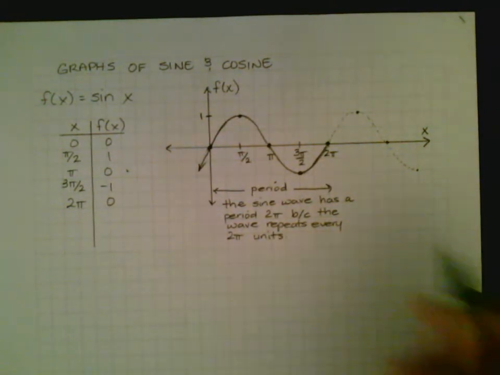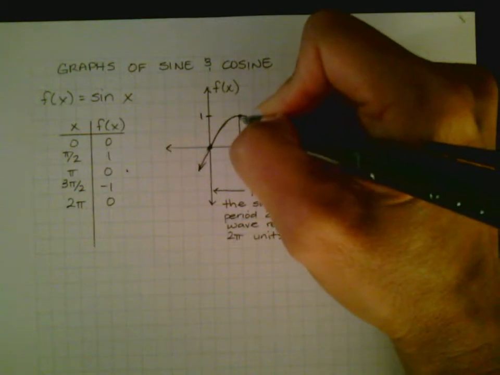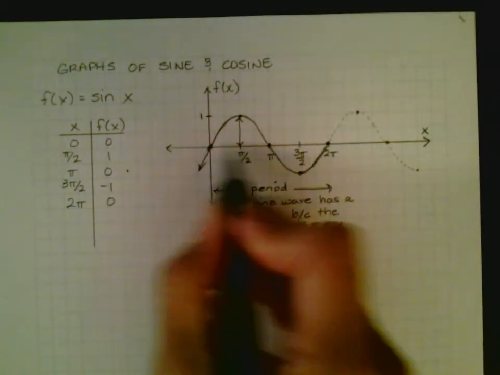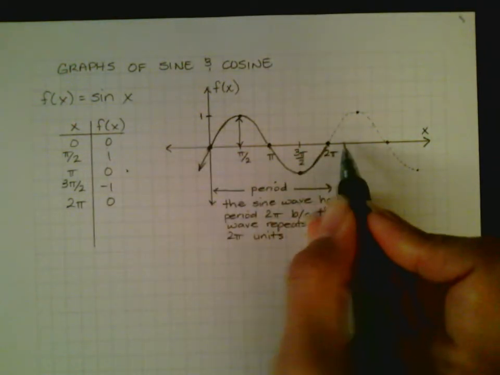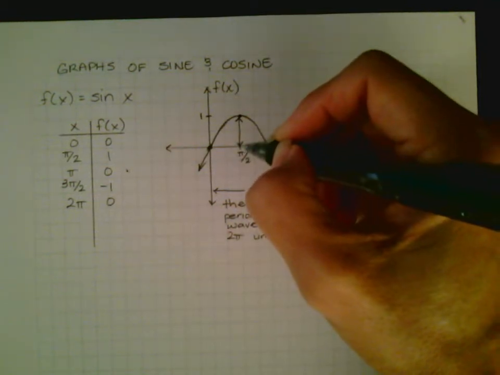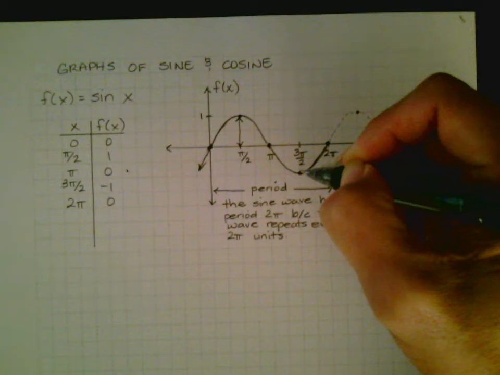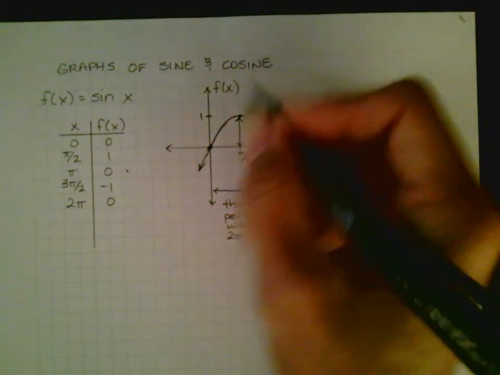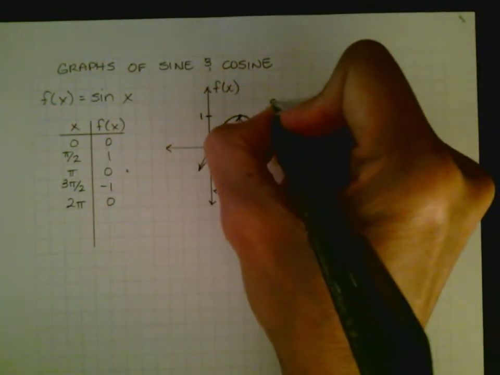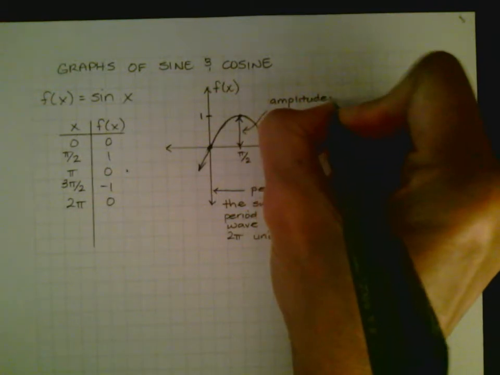Now here, the midline is the symmetrical line that cuts the graph in half. The distance from the midline to the top of the wave, or from the midline to the bottom of the wave, will be known as your amplitude, amp for short.